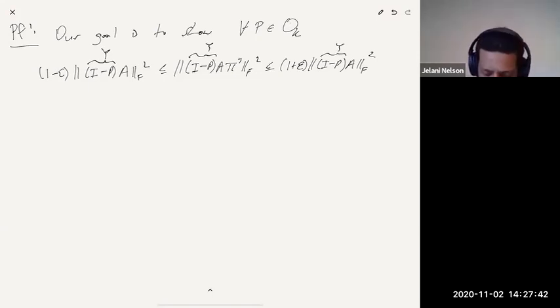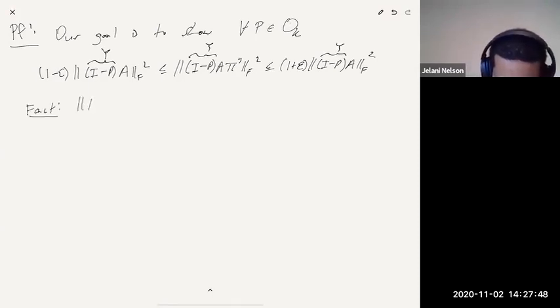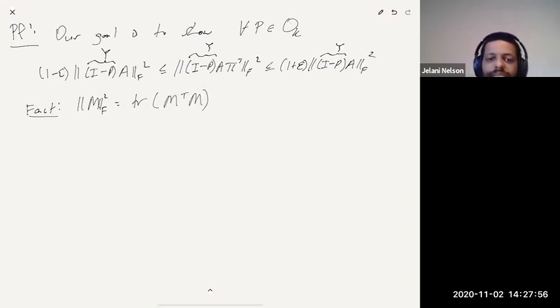And, fact, the Frobenius norm squared of a matrix M is just equal to the trace of M transpose M. Okay. It's also equal to the trace of M M transpose.